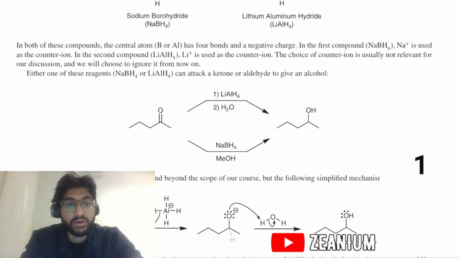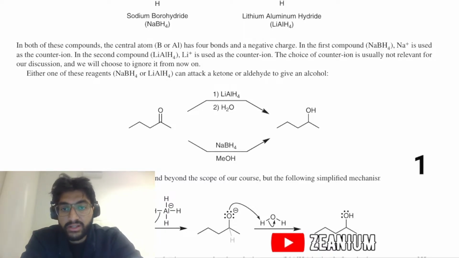In the first compound, NaBH4, or sodium borohydride, sodium is used as a counter ion. In the second compound, lithium aluminum hydride, lithium is used as the counter ion. The choice of a counter ion is usually not relevant for our discussion, and we will choose to ignore it from now on.